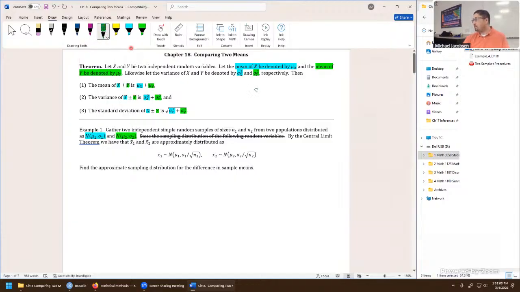If s squared is the variance, then s, which is directly the square root of s squared, is the standard deviation. And that's coming all the way back from the chapter 2 notes.